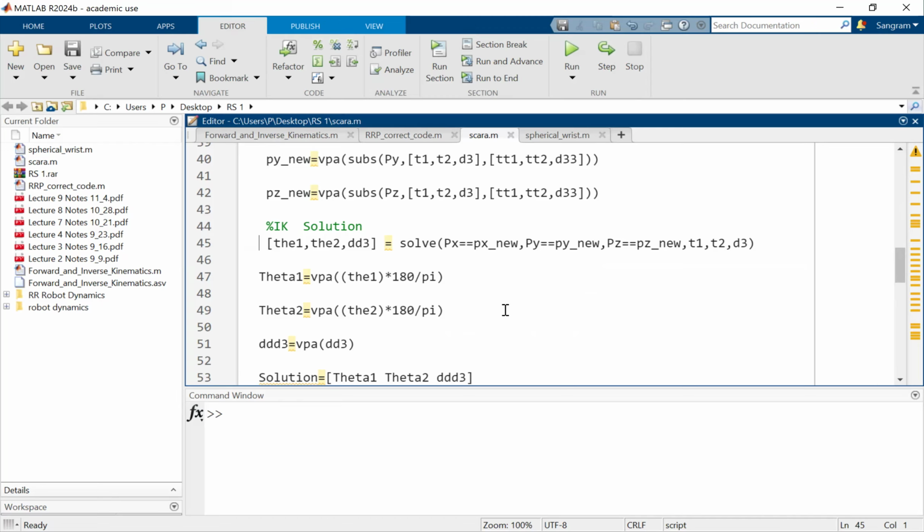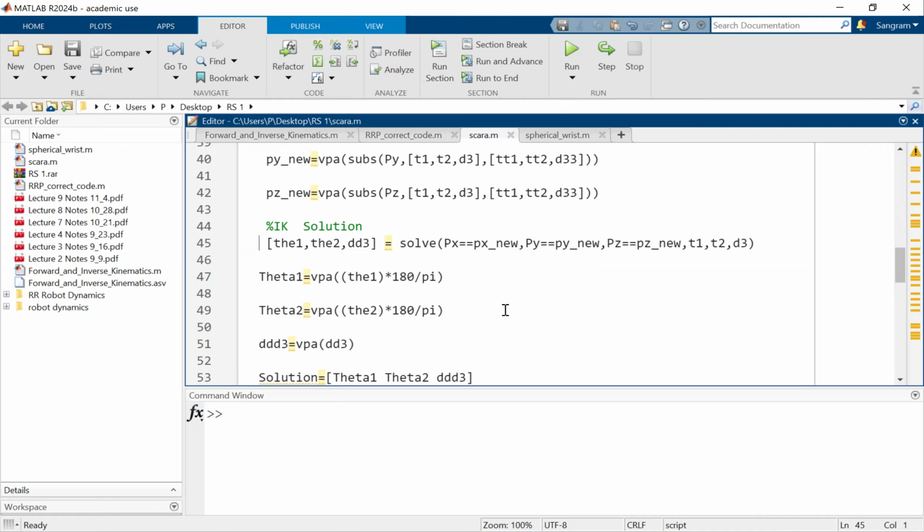But I'm actually trying an ill-conditioned system. Ideally, I have two variables, two equations, and one variable, one equation. d3 can be found from the equation for Pz, but for theta 1 and theta 2 you need to supply Px and Py. Everyone understood this?